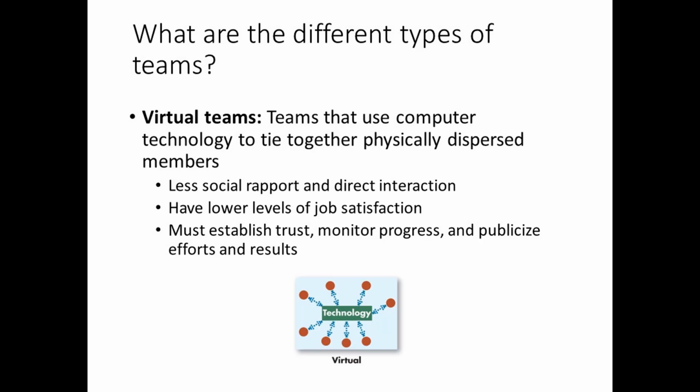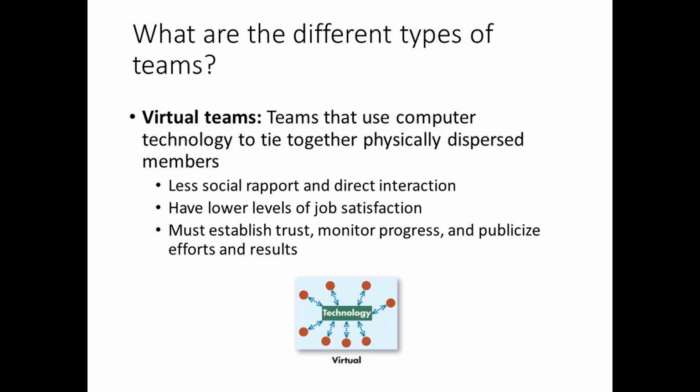Members interact less, and therefore the social rapport, the relationships that people have with one another, are usually weaker than they would be in other types of face-to-face teams. Even though these teams may be more convenient and they help organizations save money, members tend to be less satisfied with virtual teams compared to other types of teams.